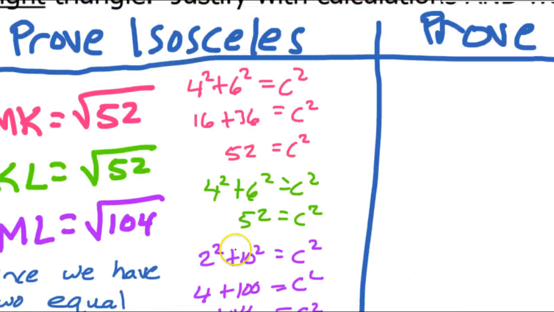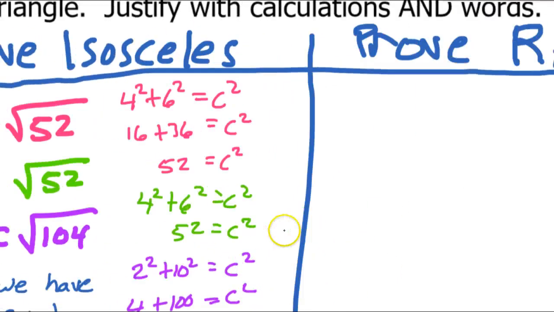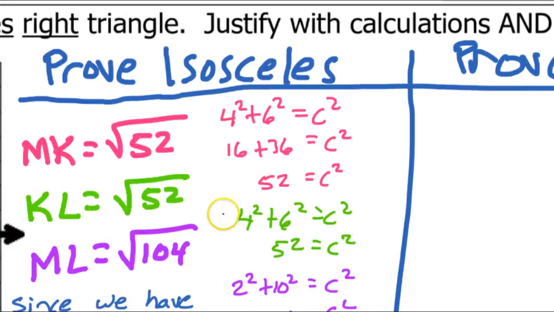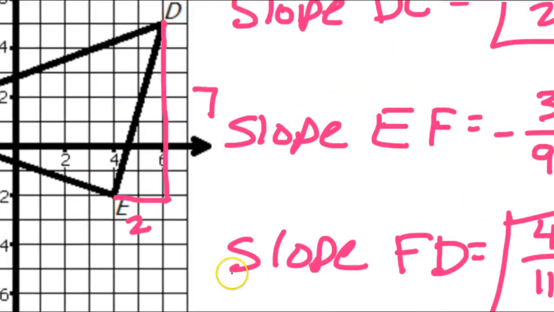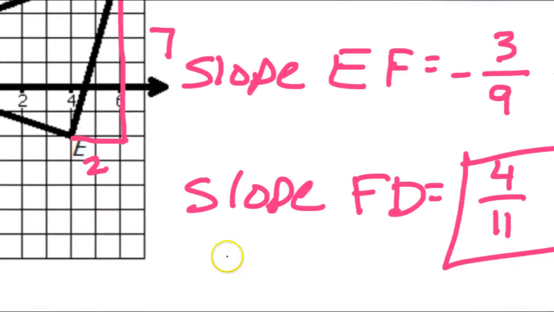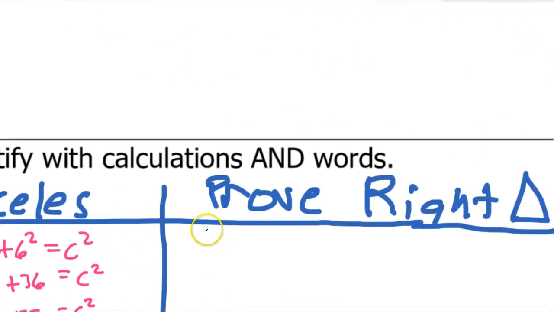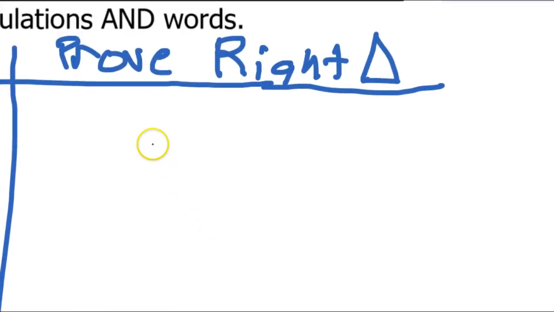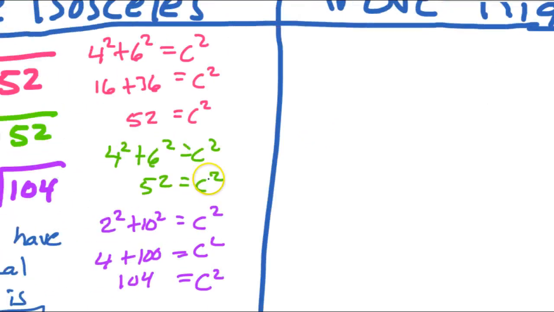All right, so far we proved isosceles. Now it's time to prove that it's a right triangle. Just like I did on the last problem, I'm going to use slopes. If it's a right triangle, 2 of the lines should be perpendicular, so their slopes should be opposite and reciprocal.